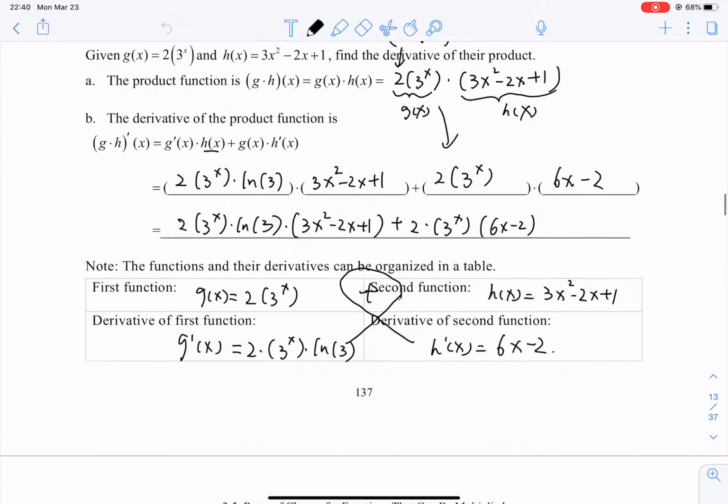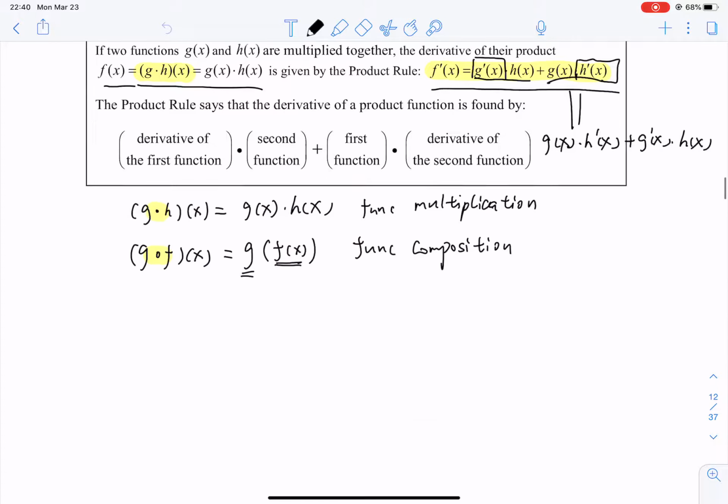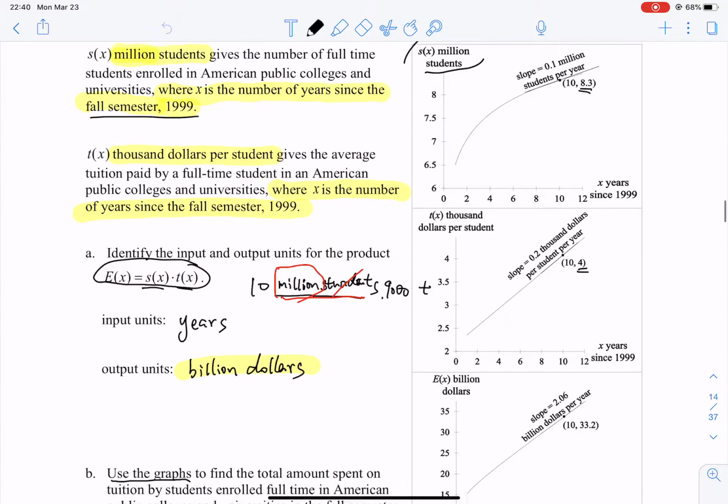Remember, in the beginning of this section, we just learned the formula for a new function f of x equals g of x multiplied by h of x. The derivative is just we take the derivative of the first function multiplied by the second function plus derivative of the second function multiplied by the first function, or you can switch the order. So then let's go back to this one.